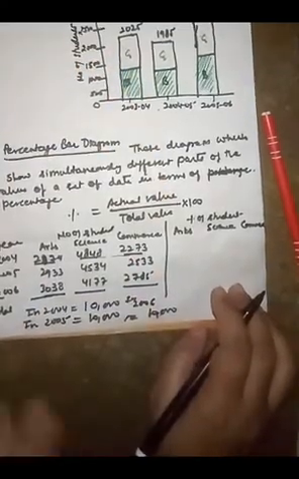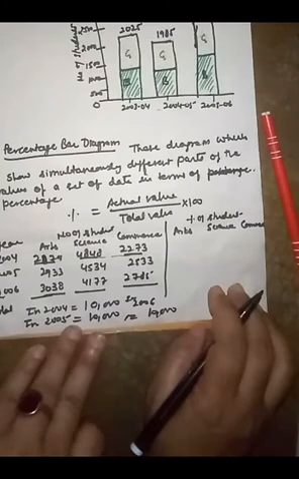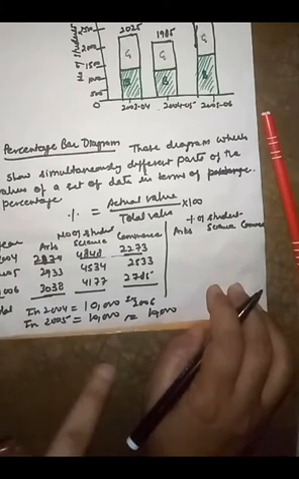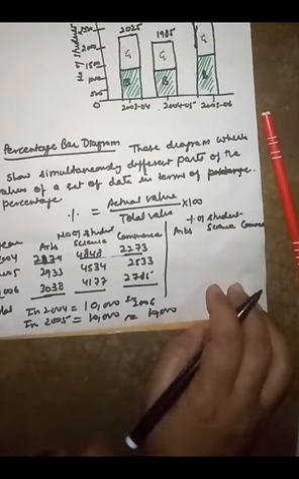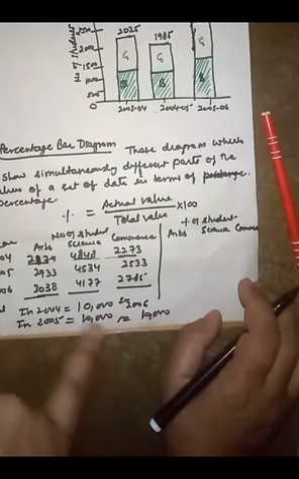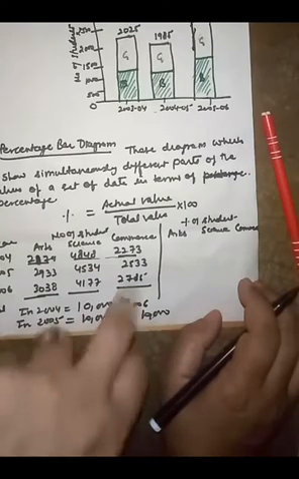So unfortunately its total comes the same, 10,000, but it's not necessary. Okay friend, now you see all total values are 10,000.